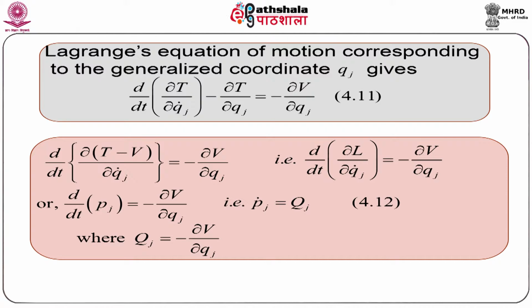Pj is the generalized momenta. Thus, we have Pj dot equal to capital Qj, where capital Qj is the generalized force associated with the generalized coordinate Qj and given by capital Qj equal to minus del V del Qj.